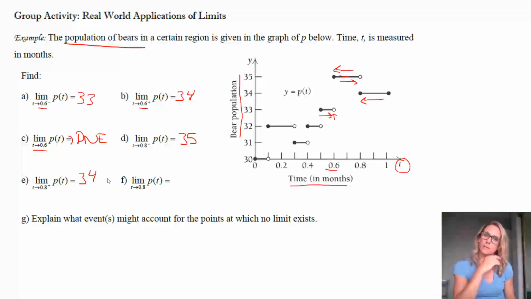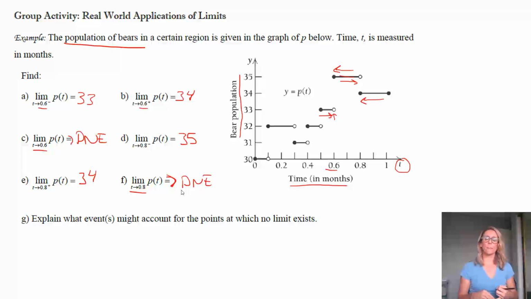So as time passes, there is a change in the number of bears. Looking at the limit as t approaches 0.8, there's a problem because those are not equal. One's 35 and one's 34 coming in from each side. So we have another does not exist. I typically put an arrow thing, because it's not equal to does not exist, it just does not exist.